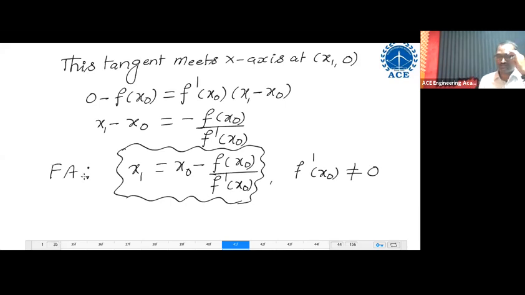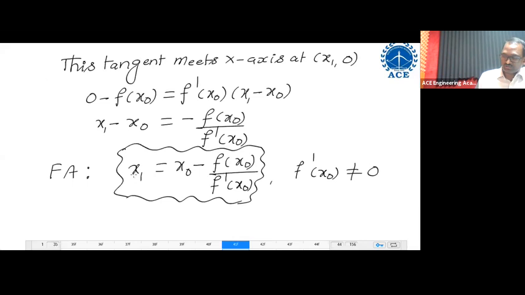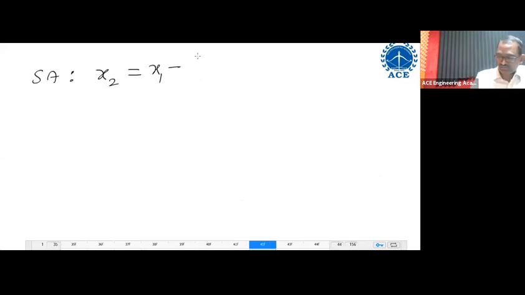This is the first approximation. x1 is the first approximation. Guess the second approximation now. Second approximation x2 is equal to x1 minus f of x1 by f dash of x1.